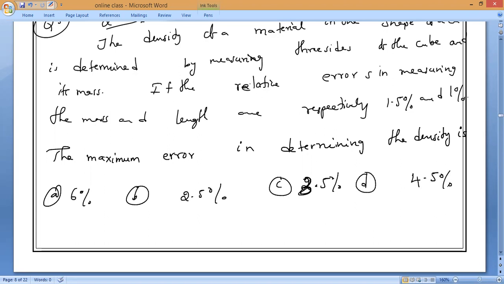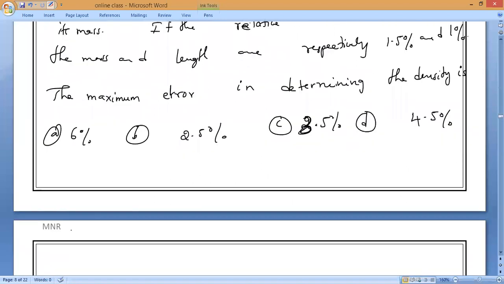So your choice. Find it fast. I want the answer. How much time will you take?